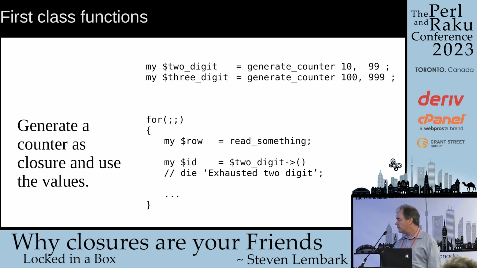And now I can create a 2-digit counter that starts at 10 and goes up to 99, a 3-digit counter. I can generate something that's got 16-bit if I'm loading a database that's got small keys or something. The point is, I can read something, I get a new 2-digit thing, I get my ID. When I run out, it pukes.